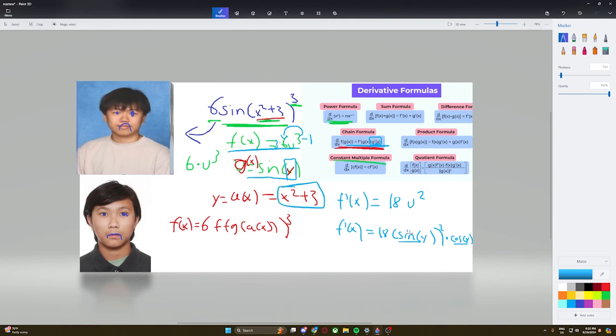So I'll write out y, f prime x equals 18 sin x squared plus 3 squared times cosine x squared plus 3. Okay? And then we multiply it by the derivative of this, which is just 2x.